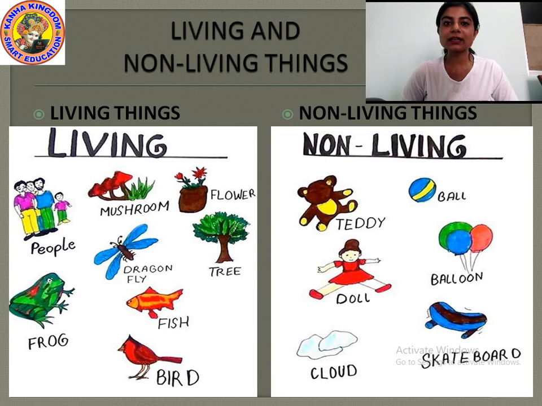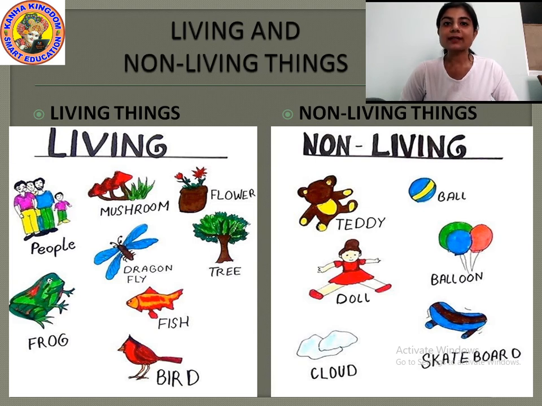These are called living things. Then in the next column, can you see? Teddy, ball, doll, balloons, cloud, skateboard. What are all these? These are called non-living things.